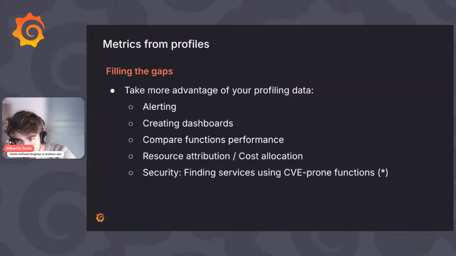There is a caveat here. We can't fully trust it because of the probabilistic nature of profiling. Maybe there is some service running the function, but you don't really know because it's probabilistic. Maybe the profiler cannot hit any instance of the function being run. So it may be a bit risky, but it can be a good starting point to find vulnerabilities.